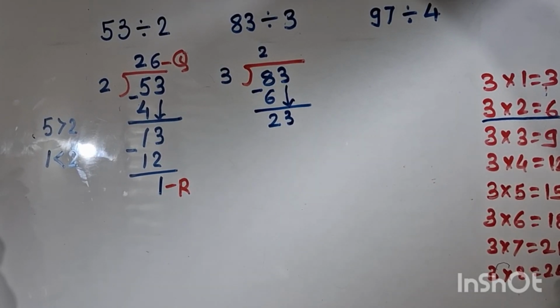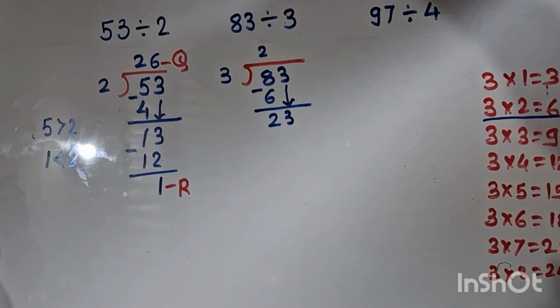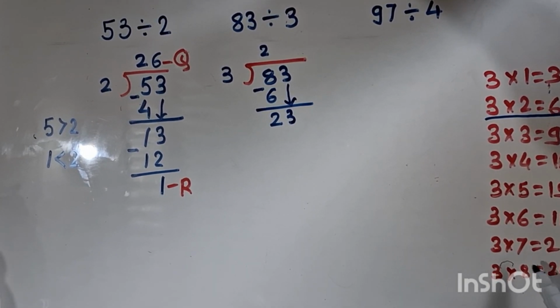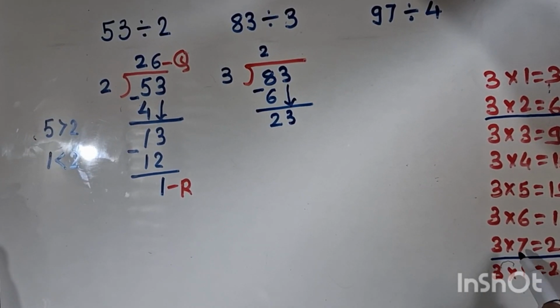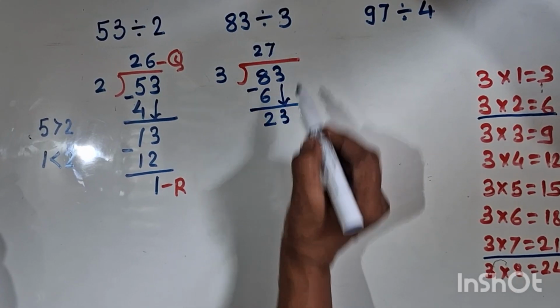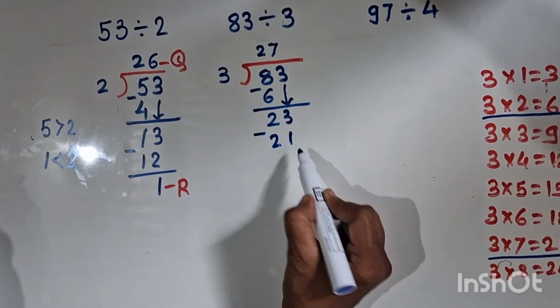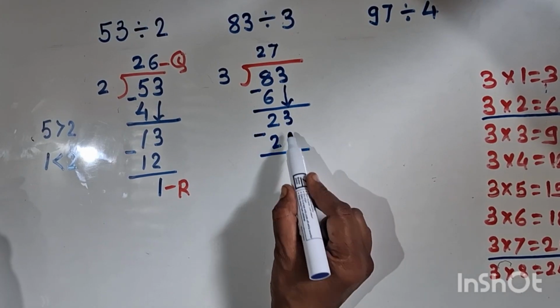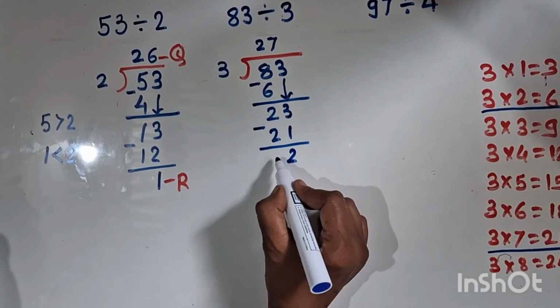Then find such a number which is less than 23 and nearest to 23. What is that number? This is 21. 3 7s are 21. Here we write 7 and subtract 21 from 23. 3 minus 1, 2. 2 minus 2, 0.